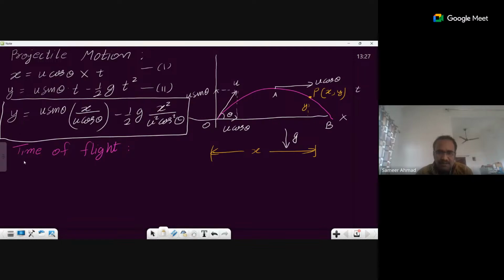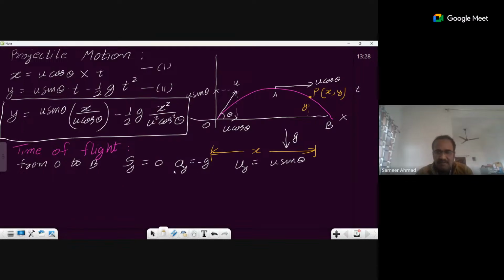We know that from O to B, displacement along the y-axis is 0. Acceleration along the y-axis is minus g. Initial velocity along the y-axis is u sine theta.